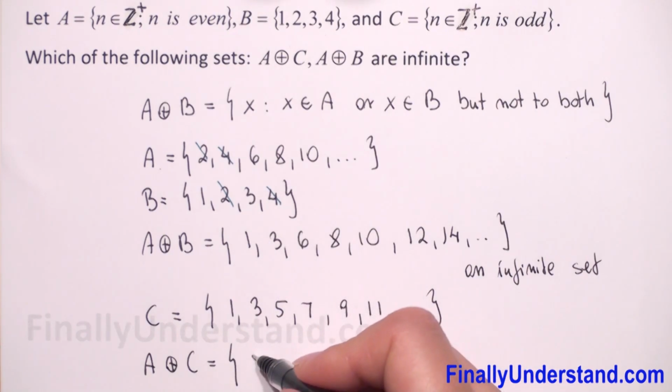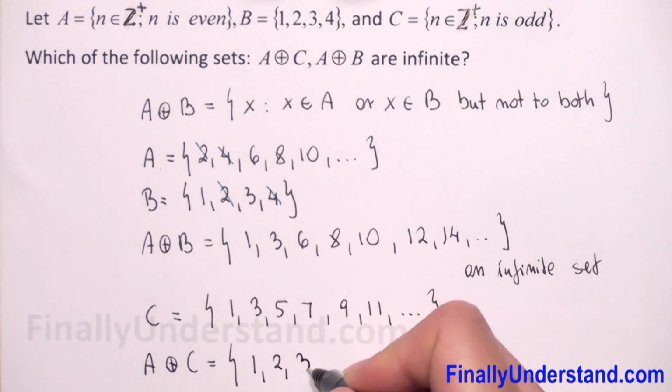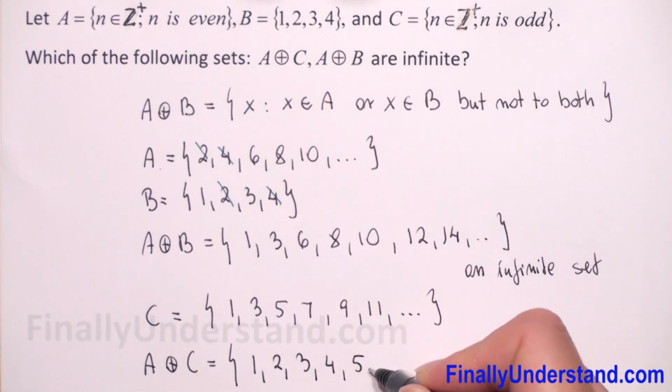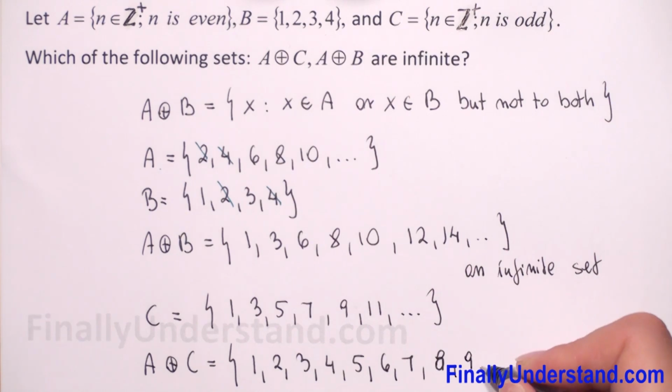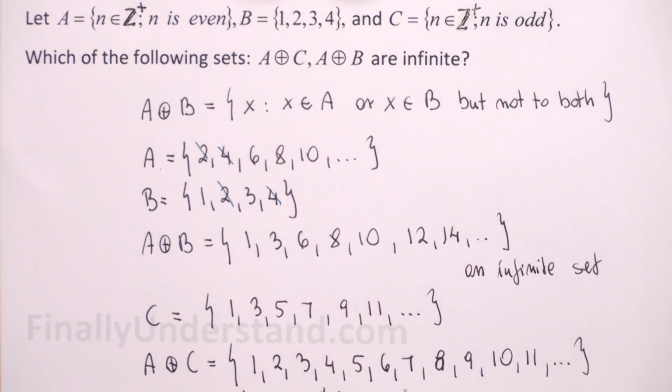So we have 1, 2, 3, 4, 5, 6, 7, 8 of course, 9, 10, 11, and so on. We see that we have here all positive integers. So we can write that this is all positive integers. And we see that this set is going to infinity. So our set is infinite.